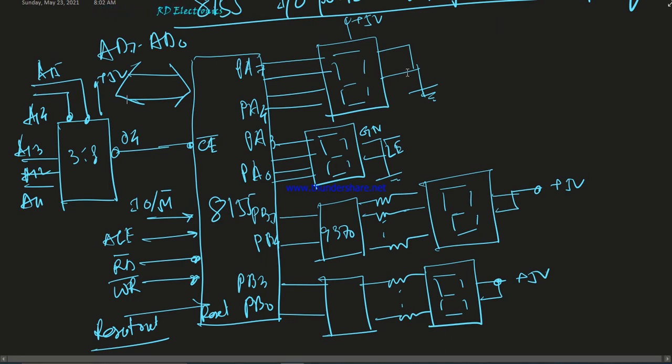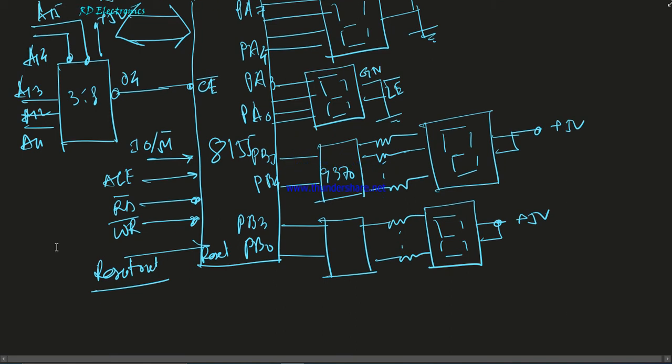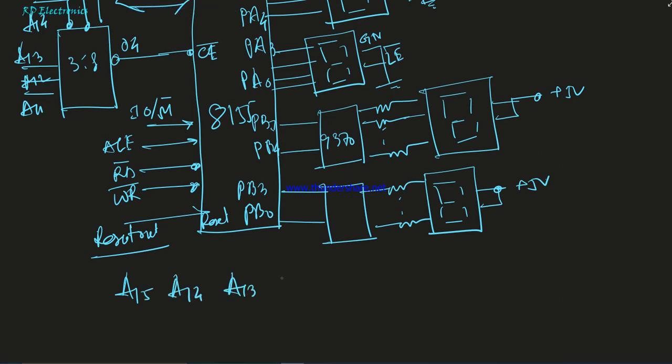First of all, port A upper is connected to the HP 7 segment display, and port A lower also. And now our first task today is to find the address of this line. So first of all we write here A15, A14, A13, A12 and A11.